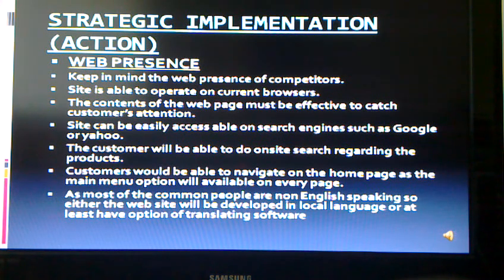To develop a website, the company must choose professionals for the web designing, like the graphic designer, web developers, copywriter, animators. The company must also keep in mind the web presence of the competitors and its ability to appear on web pages easily, like through search engine optimization. Customers must not have to work hard to go to the website.